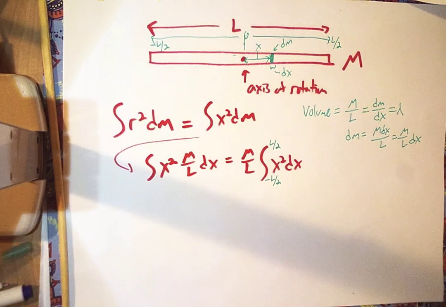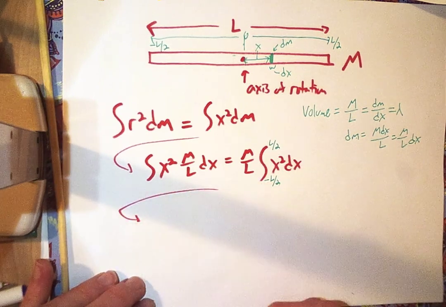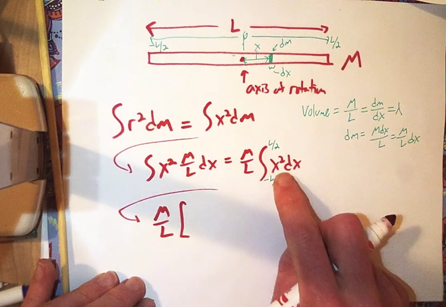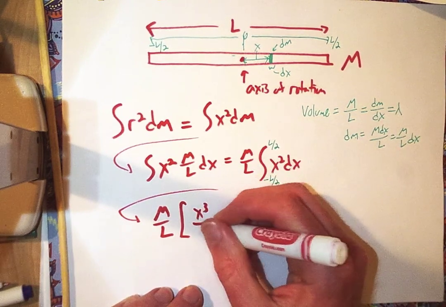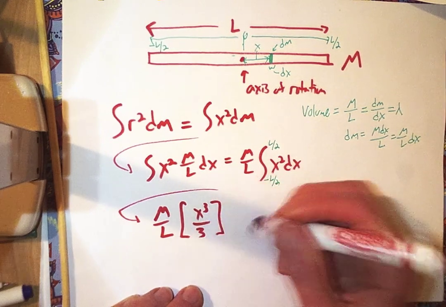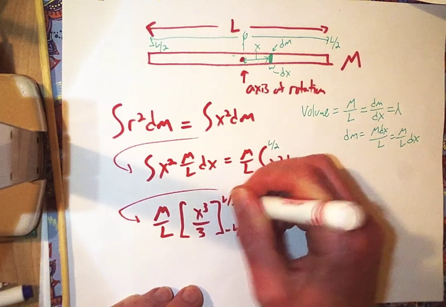And then this integral is so easy. I'm just going to wrap it around down here one more time. We're going to get M over L, and when I integrate that x squared, I get x cubed over 3, evaluated from minus L over 2 to positive L over 2.